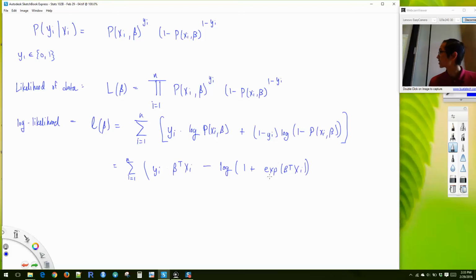Alright, so now we're going to set this equal to 0 and try to solve for it. I'm sorry, not the log likelihood, we're going to take the gradient of this. So we look at our score equation, take the gradient, and set it equal to 0 to find our critical points.